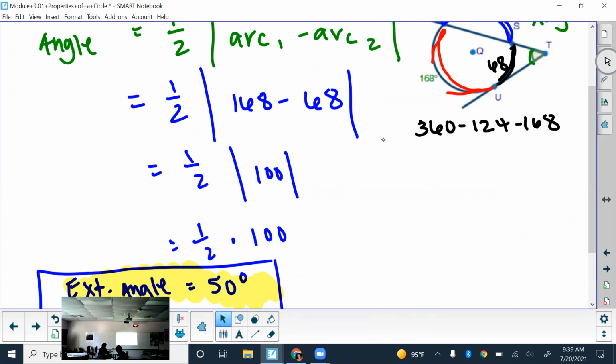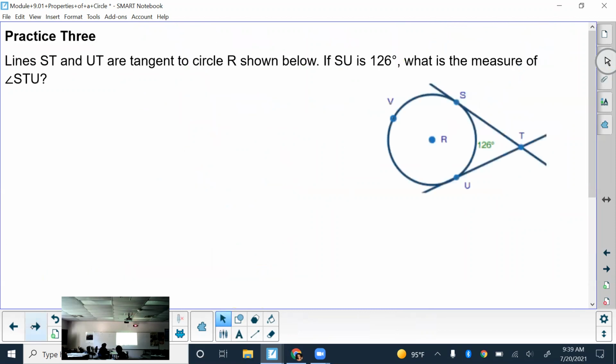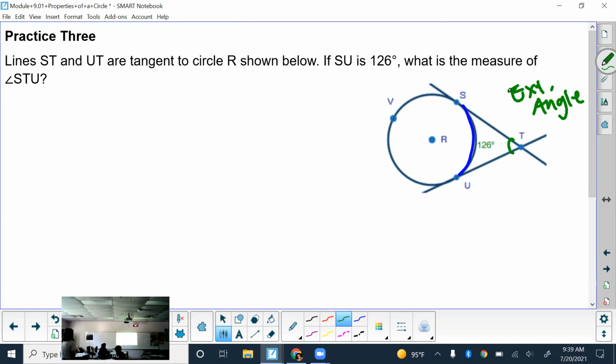All right, next one. Practice 3. SU, it tells you is 126 degrees, and it wants to know the exterior angle measure, right? It doesn't say exterior angle, but you know that it is because it's on the outside of the circle.